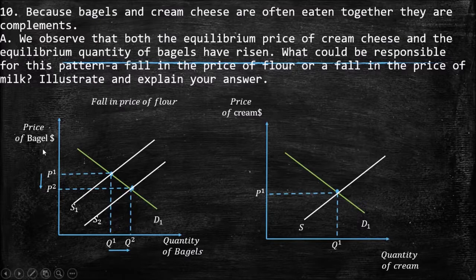As cream cheese is a complement of the bagel, and the price of the bagel decreases, we have more incentive to consume more cream cheese. So the demand curve is going to shift to the right. In this case, as you see, we face an increase in price for cream cheese and an increase in quantity for bagels. Okay, we have both things.